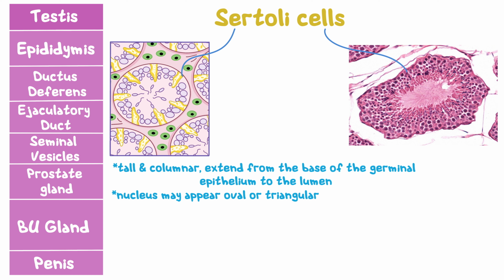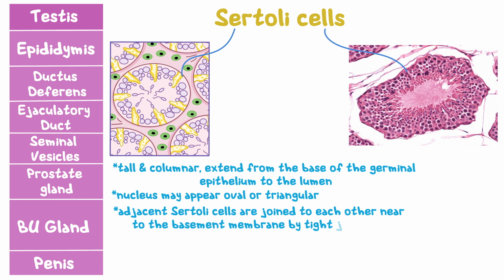Developing spermatogenic cells are enfolded in the lateral cell membranes of the Sertoli cells, and as a result, detail of Sertoli cell structure is difficult to distinguish in routine histological section. Adjacent Sertoli cells are joined to each other near the basement membrane by tight junctions. This arrangement separates spermatogonia into a basal compartment of the germinal epithelium, and the developing spermatogenic cells, from primary spermatocytes to spermatozoa, into an adluminal compartment.